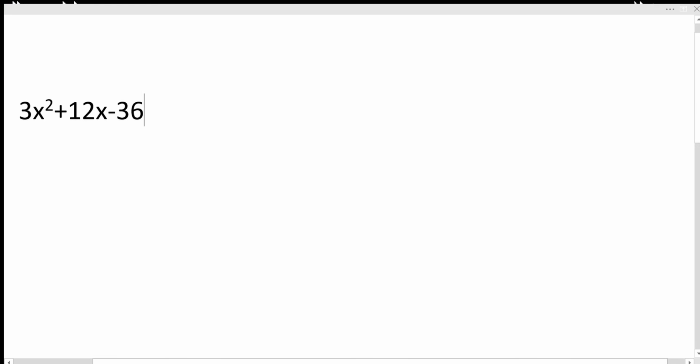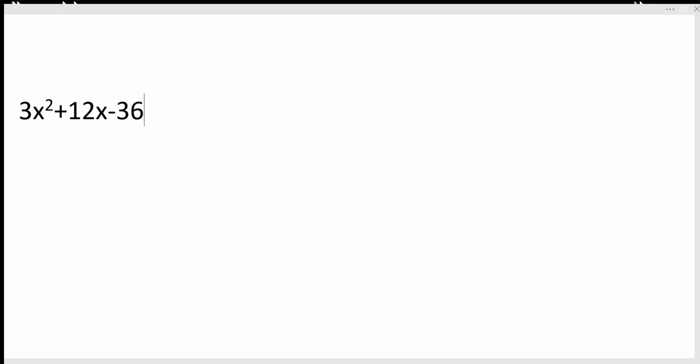We have our 3x squared plus 12x minus 36. First, you might be thinking, we don't know how to do this because there's a leading coefficient, that 3, in front of our x squared.